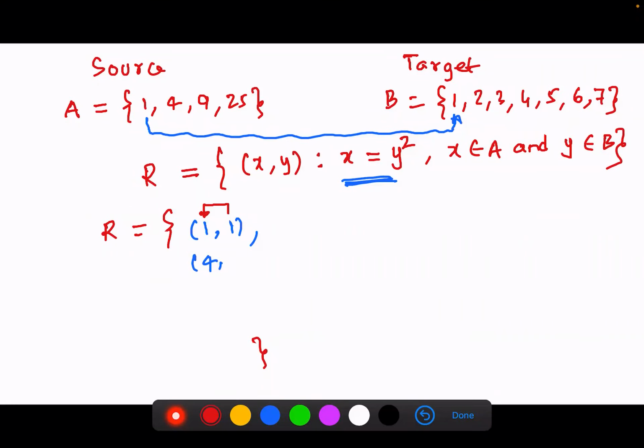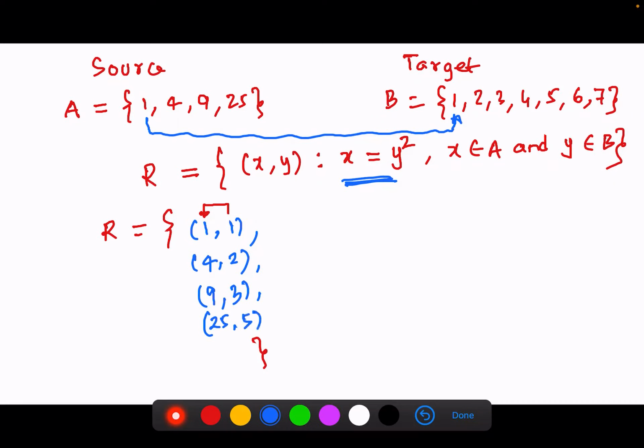So then it would be 2. You understand? Yes, sir, squaring y. Now Harsha, tell me, if x is 9, what is y? 3, sir. Very good. Now, if x is 25, what is y? 5, sir.